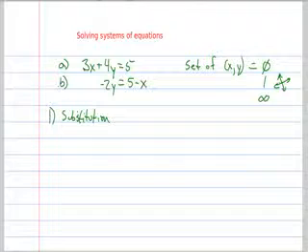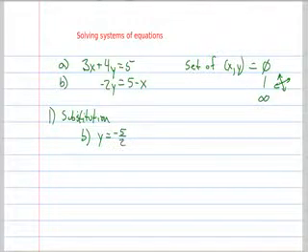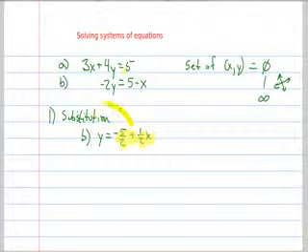So for example here, I'm going to start with equation B, and divide everything by -2, so that I end up with y equals -5/2 plus 1/2 x. So now I have this value of y that I can put back in for y in this equation.